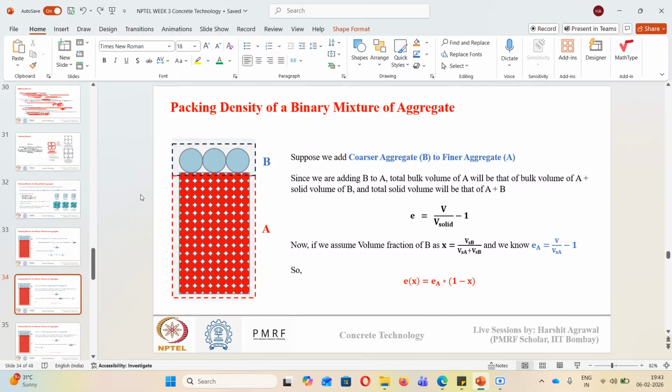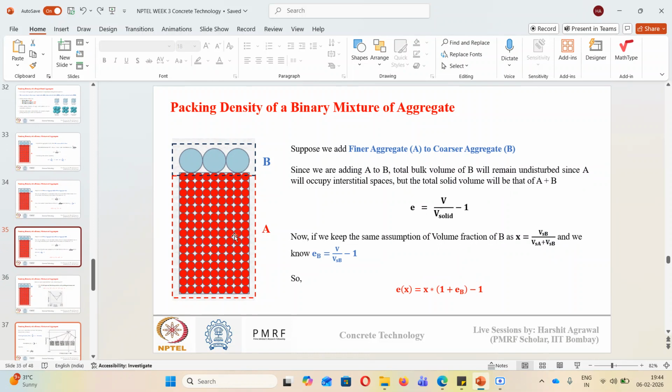Just understand the concept. When I add coarser particles to finer particles, the voids present in the entire system will reduce, and by how much depends upon how much aggregate I am adding to the system.